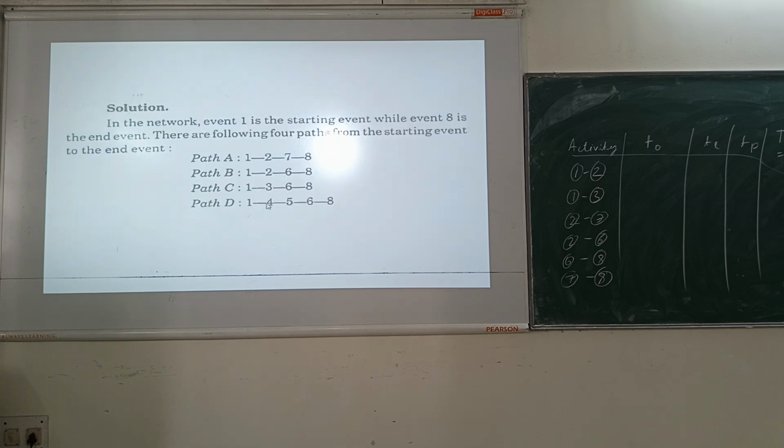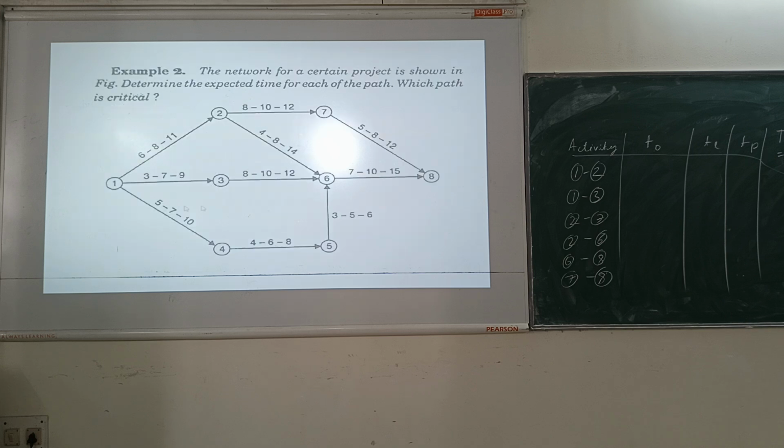Path D, 1 4 5 6 8. We are following the arrow, going from the predecessor activity to the successor activity, not against the arrow, always forward with the arrow.